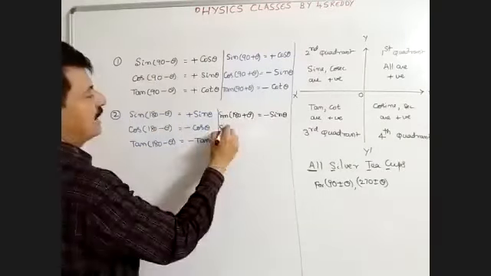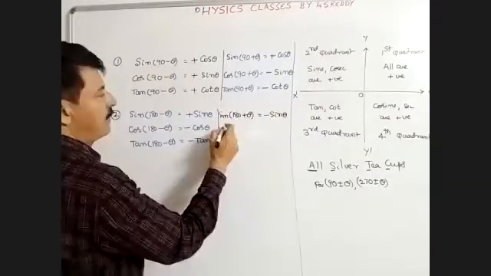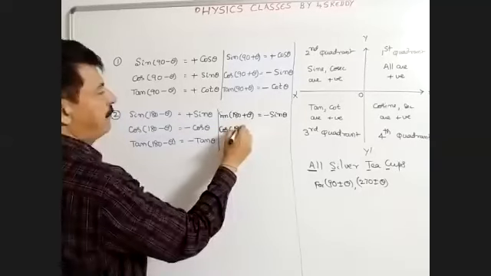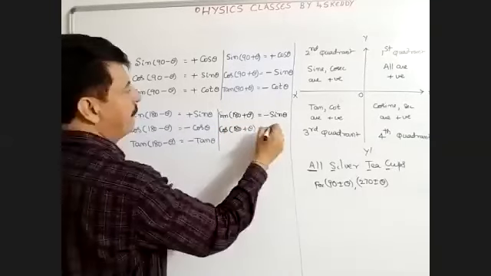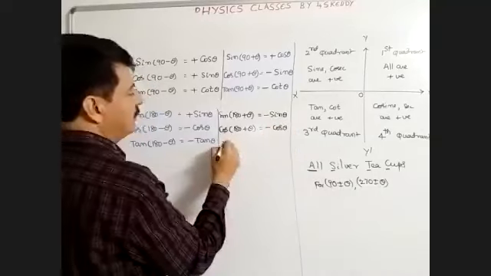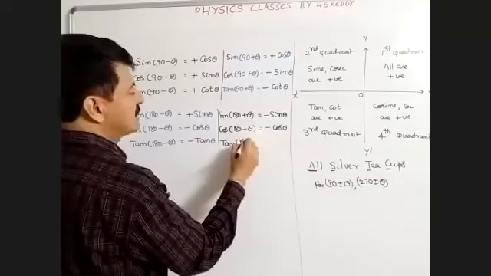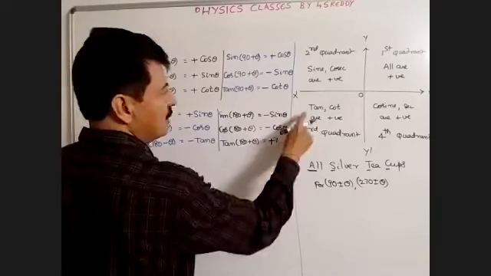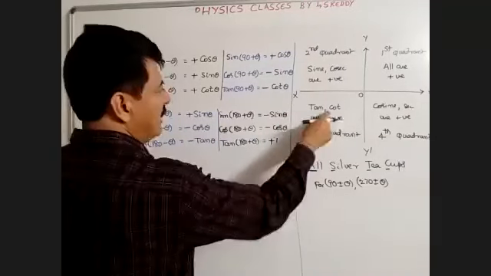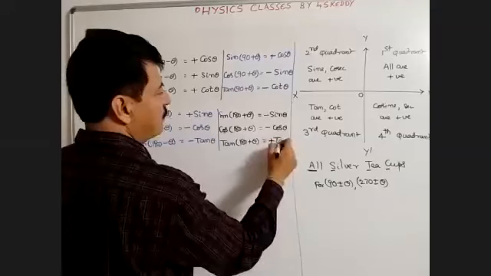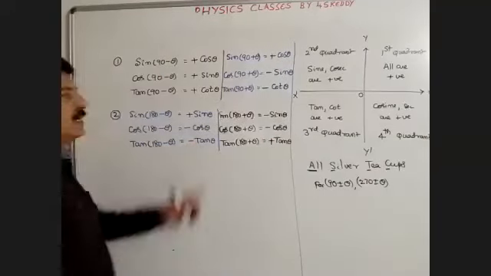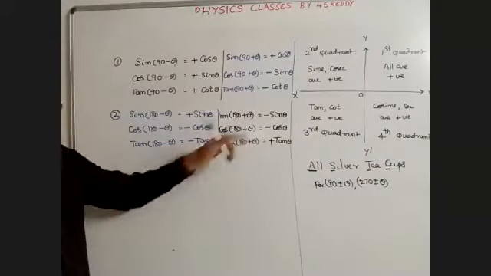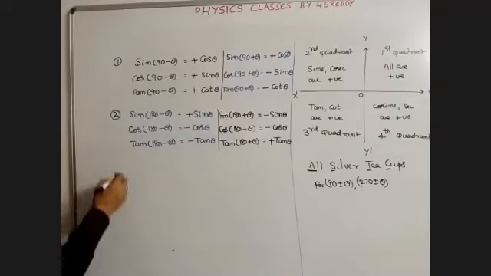And cos(180 plus theta) is minus cos theta. But tan(180 plus theta) is minus, plus, because tan and cot are positive in the third quadrant. So plus tan. For 180, the function remains the same.